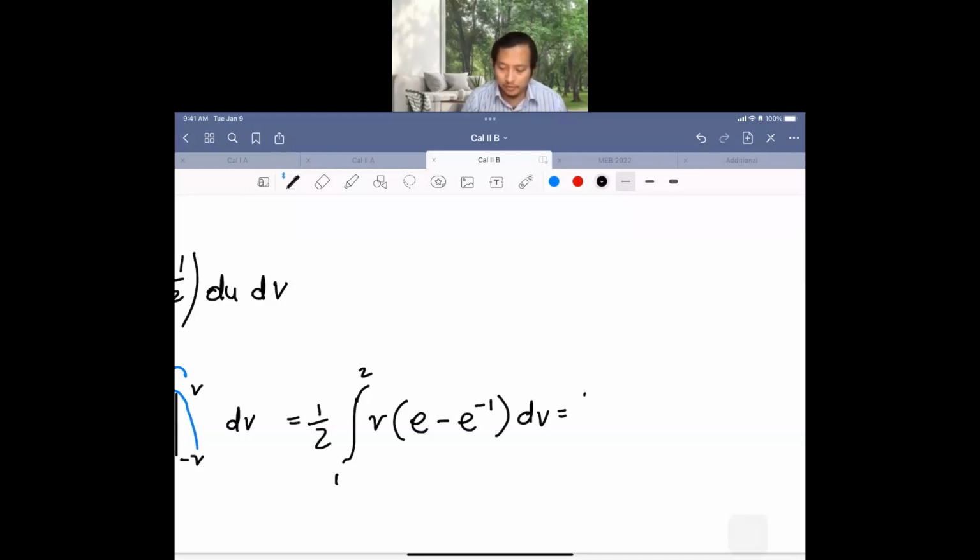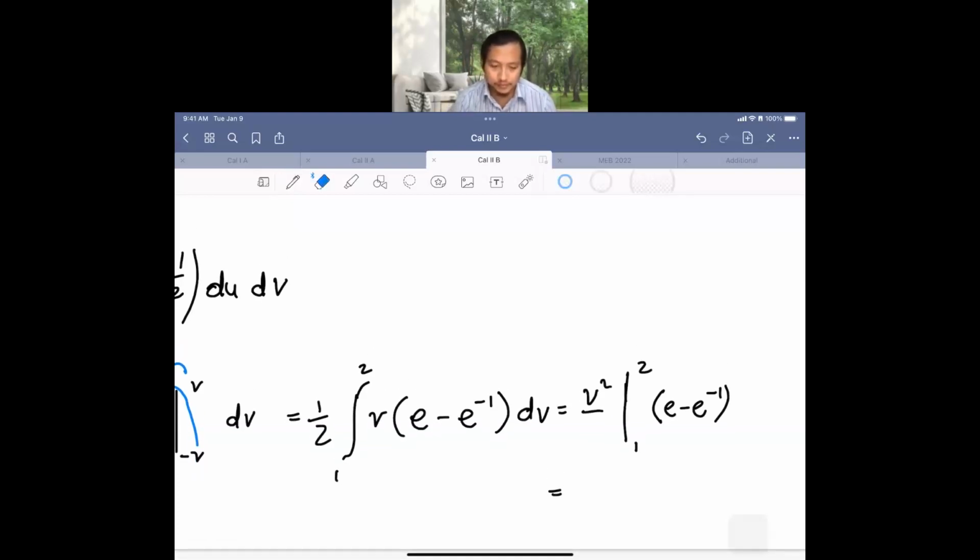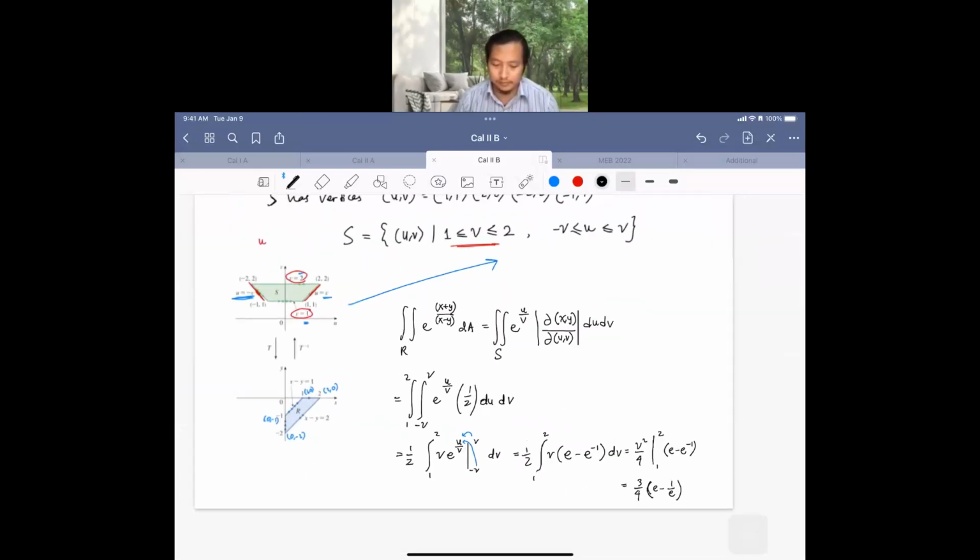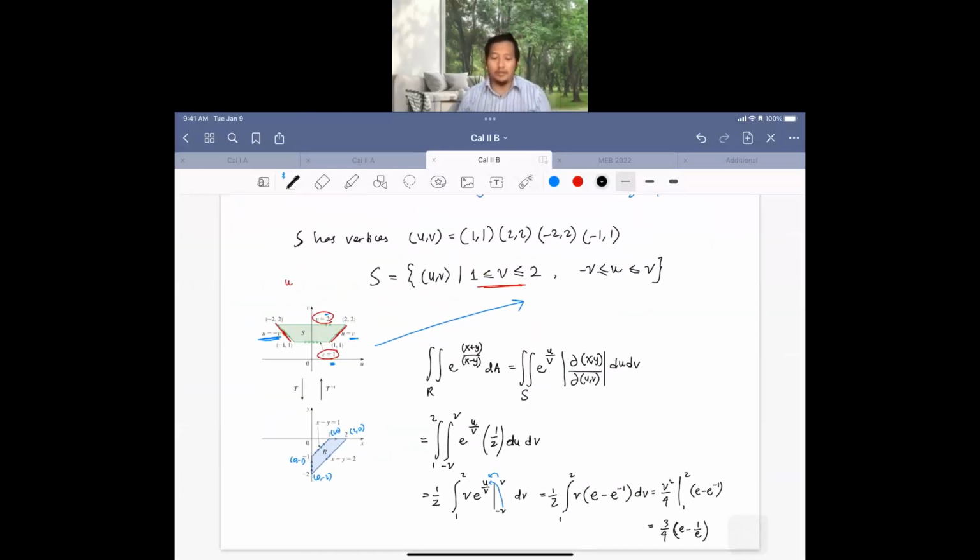So it becomes phi squared over 2, and this will become 4, sorry, it becomes 4. So 3 over 4 times (e minus 1 over e). Okay, that's how we do it.